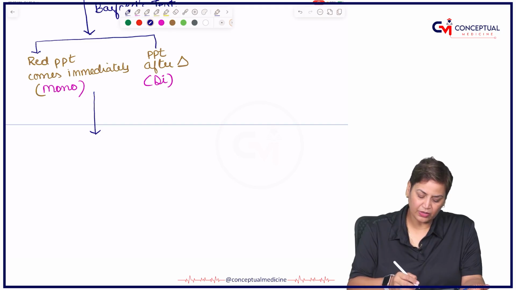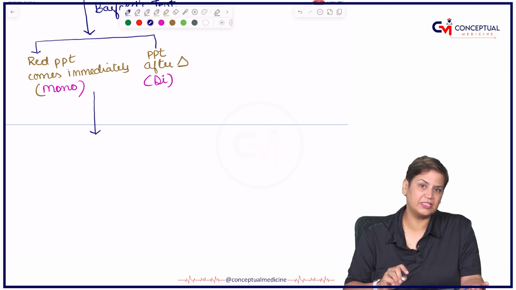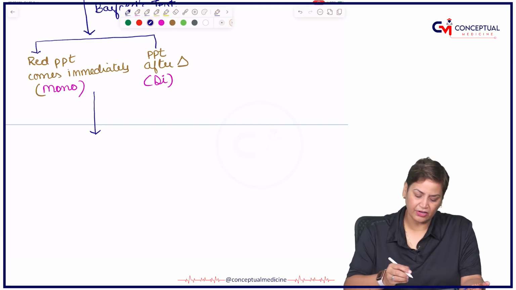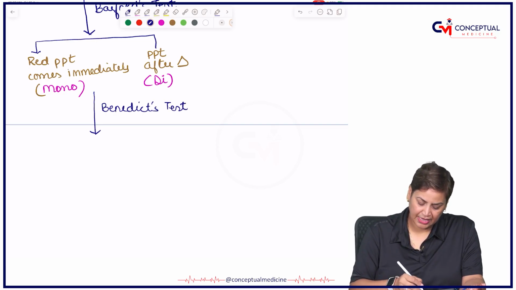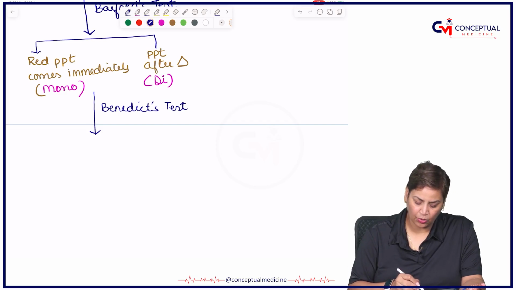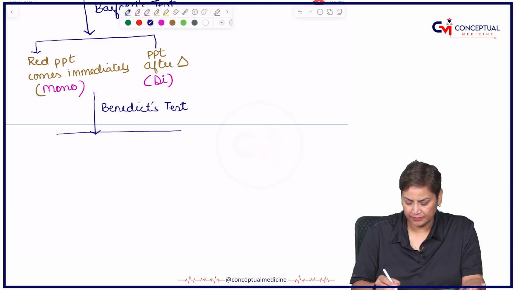The test which distinguishes between reducing and non-reducing sugars is known as Benedict's test.